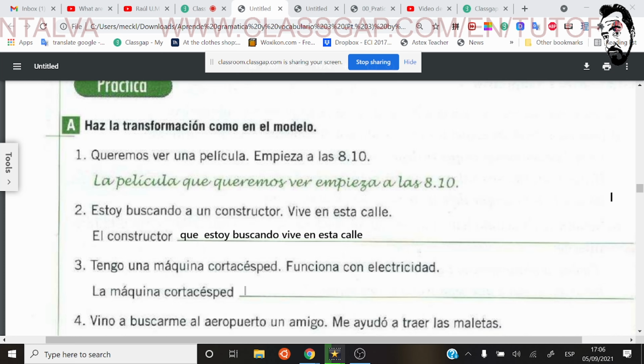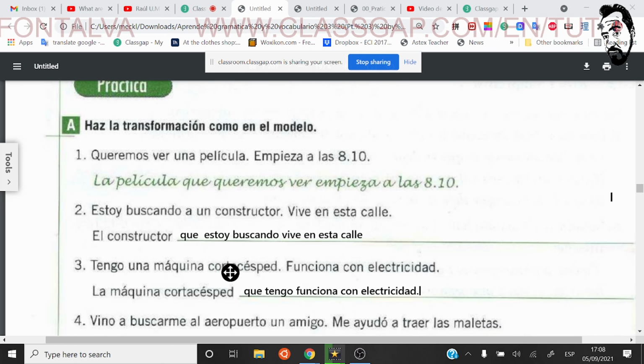If it was like that, might have or something like that, then it could have been. If you say something like, "I'm looking for a painter who might know how to paint this," for example, then it is subjunctive.